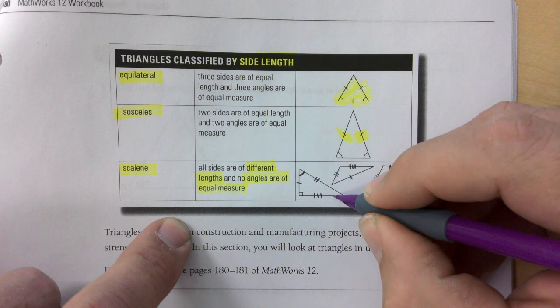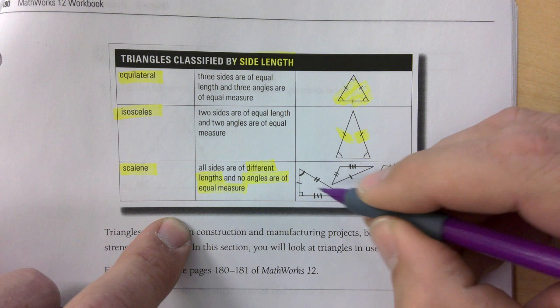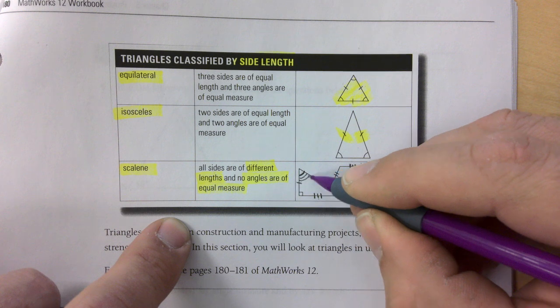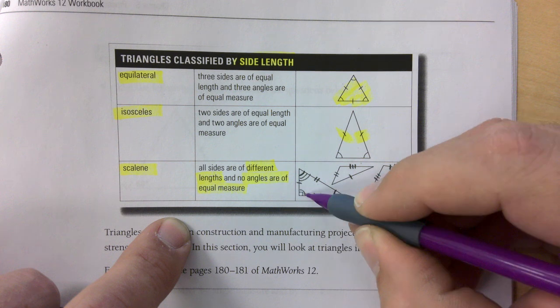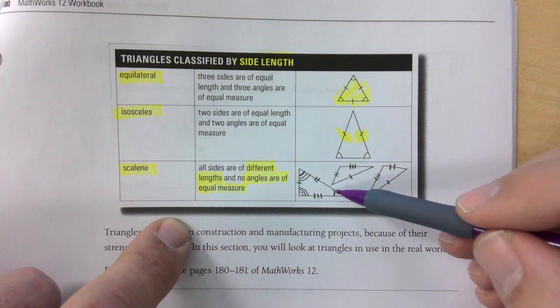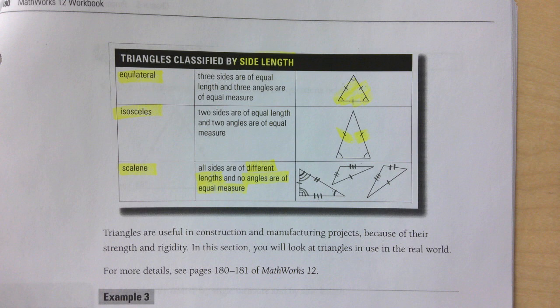Actually, this should have one because it's across from the one. This should have three like this because it's across from the three, and this should have two because it's across from the side that's marked with 2. So now you're also saying that all three angles are different. Okay, that's how you distinguish the angles.